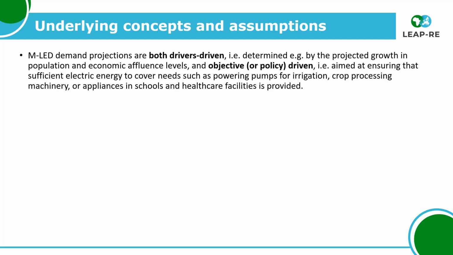However, they can also be objective or policy-driven, so basically ensuring that certain decent living standards are achieved, such as sufficient electric energy to cover powering pumps for irrigation, for processing, or appliances in school and healthcare facilities. So the model is both considering what is kind of endogenously happening as a consequence of changes in society, and also exogenously targeting certain objectives.